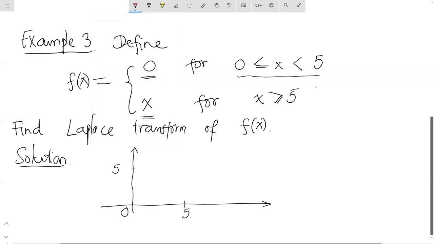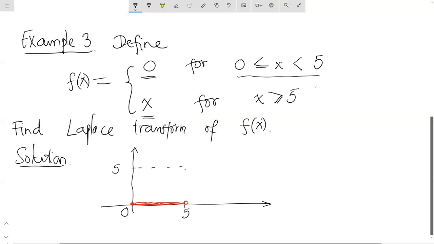Between 0 and 5, the function is 0, so the graph is a horizontal line out here. 0 is included, so we have a solid circle, and 5 is not included in the first formula. And then when x equals 5, f of x equals x, which is 5.